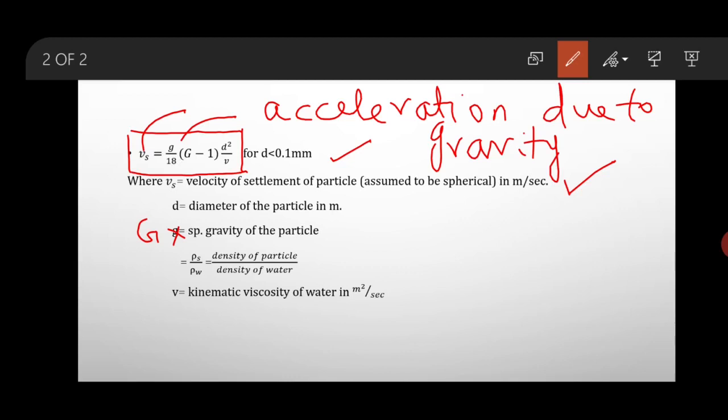Here d is the diameter of the particle in meter and nu is the kinematic viscosity of water in meter square per second.